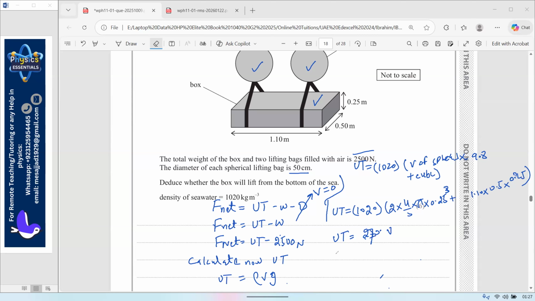So why did I wait till the last of this question? The F net is 2700 minus the weight, so F net is 200.